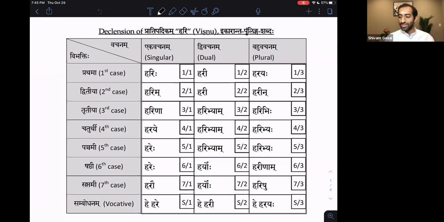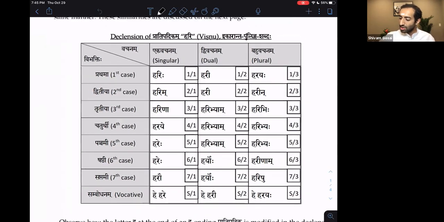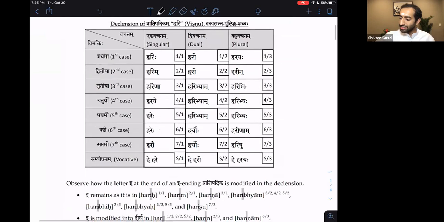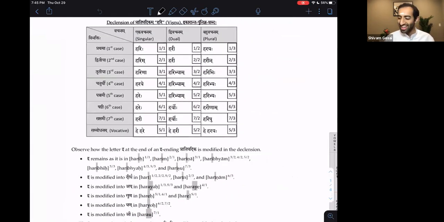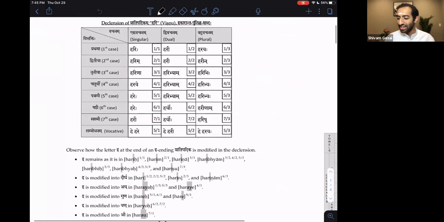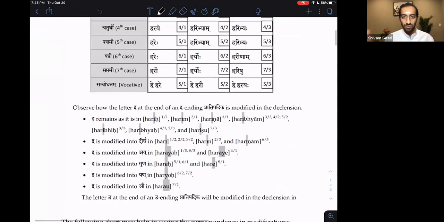Okay, so this is Hari-śabdha. Hari means Vishnu, a name for Vishnu Bhagavan. Ikaranta Punlinga Shabda, so we're back in masculine again. There are a lot of words underneath, and we will look at that. Now, there's a caution when we look at this.